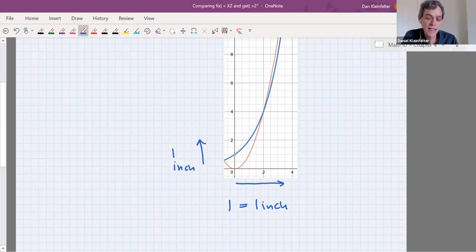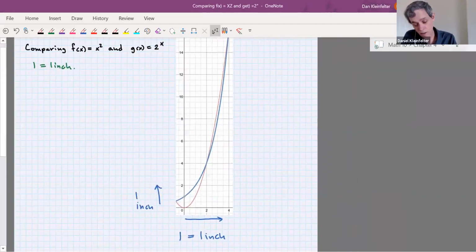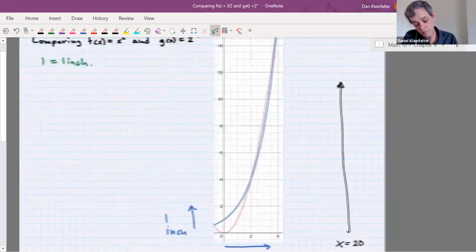Okay, and then let's say that we're going to draw the graphs of x squared and 2 to the x, the two graphs that we're trying to compare. And we want to go to the right to x equal 20 on the graph. When we go to the right to x equal 20, and then we have to go up, I want to see how far up we're going to have to go to plot that point. So let's start with x squared.